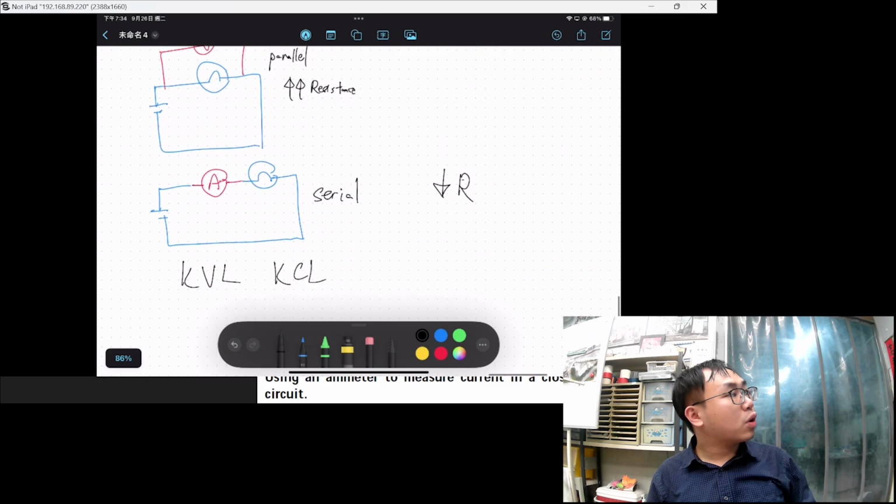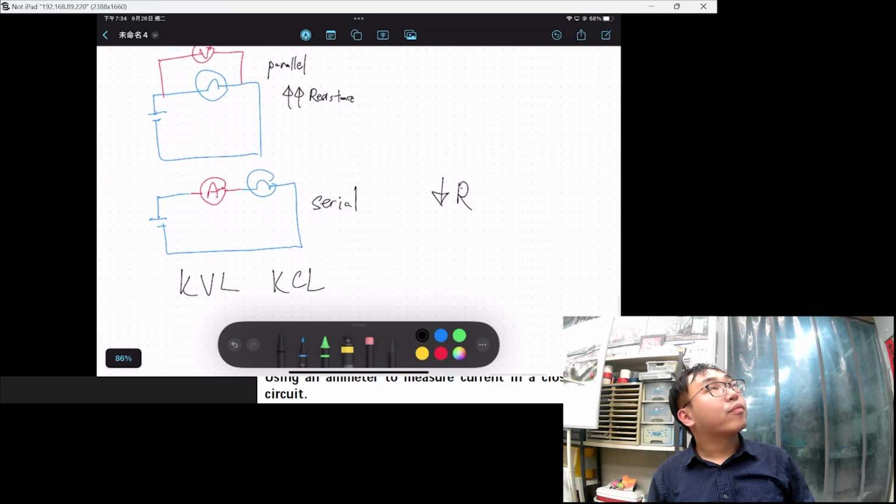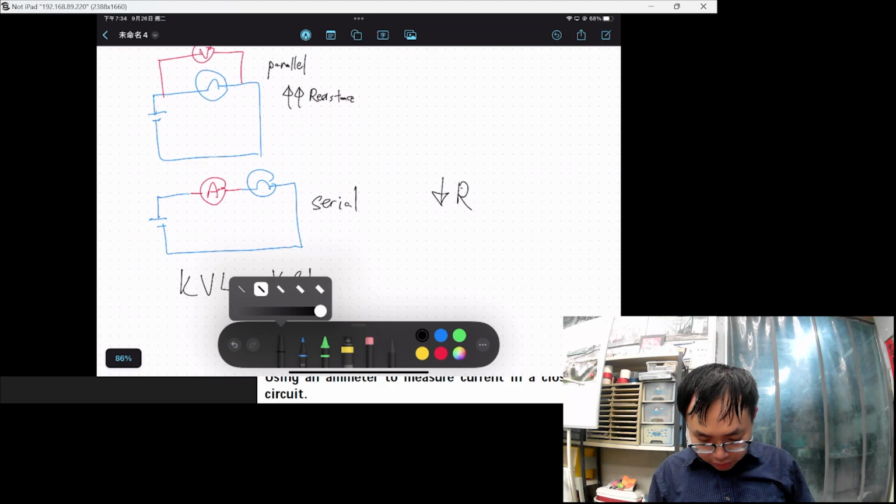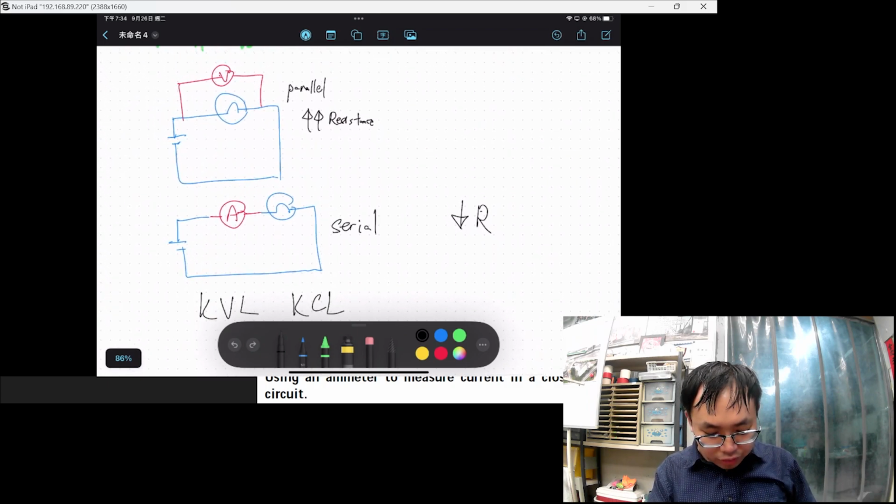The voltage law tells us that in a loop, the voltage consumed by this component and this component in a closed loop should be equal to the voltage of the source.